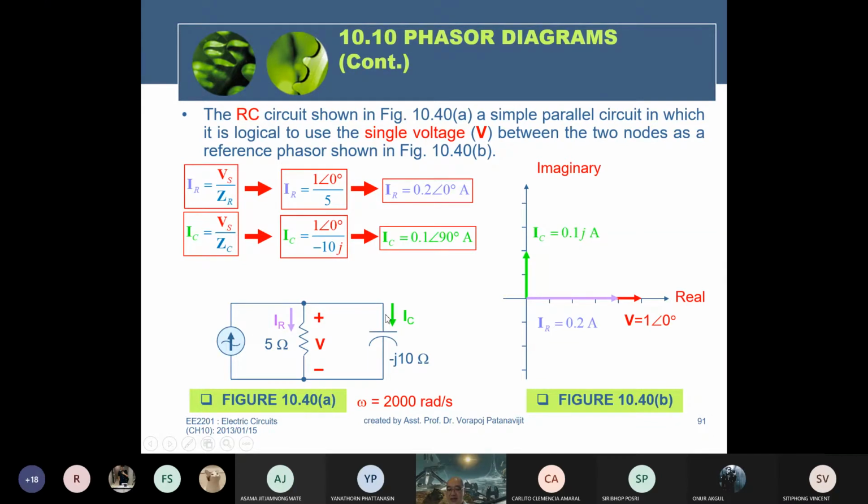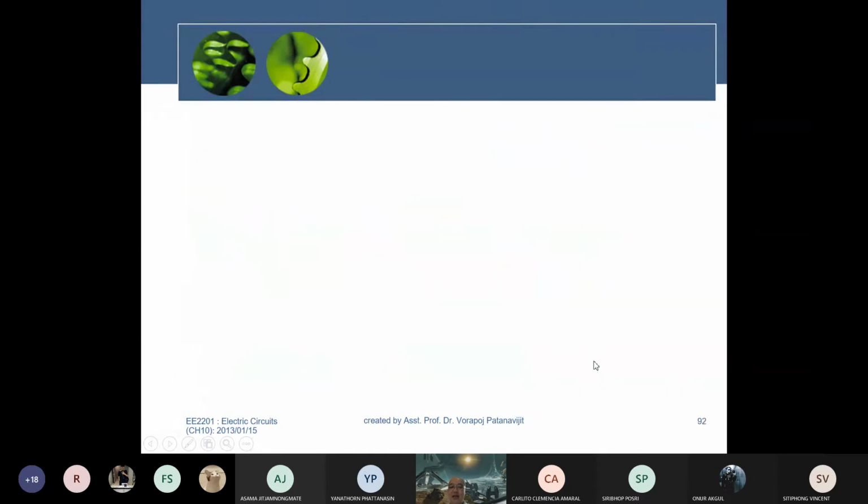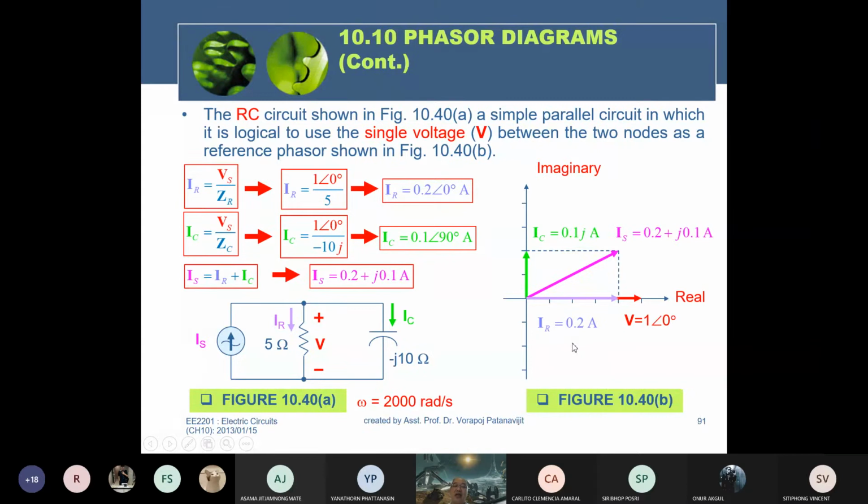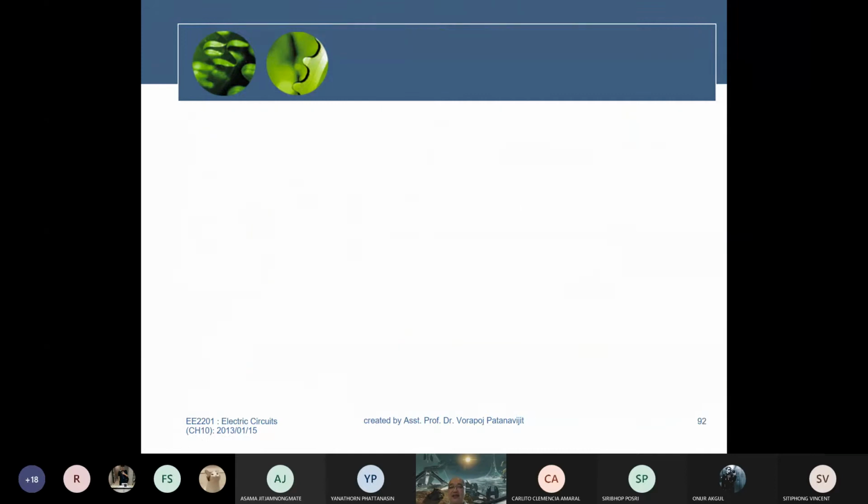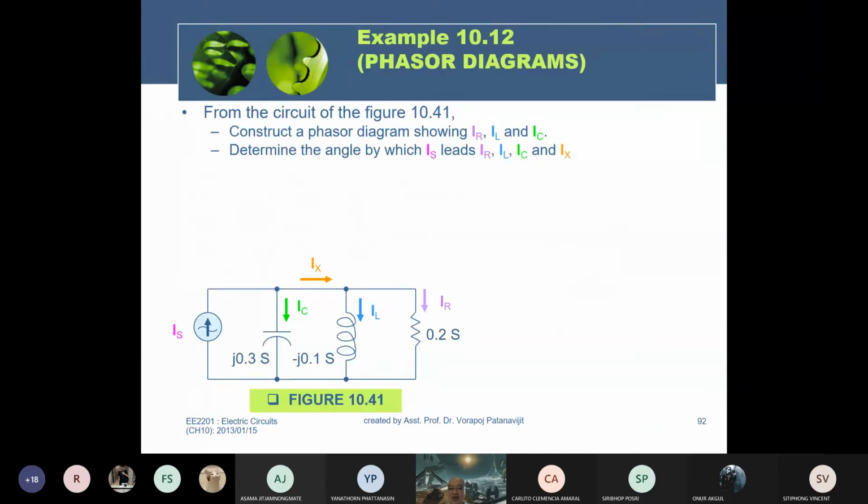The source current equals IR summed with IC. You can use the phasor diagram to add them, and you can get IS in this case. If you have a chance to take the circuit lab, the phasor plays a very important role in AC circuit analysis, and the instructor will show you this case too.